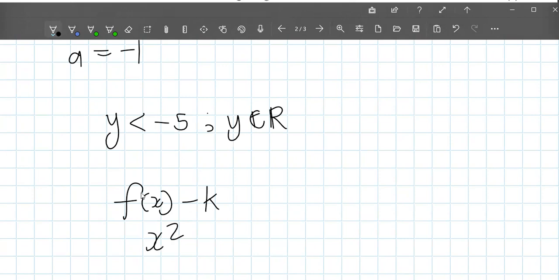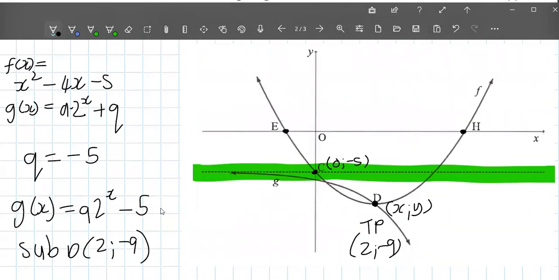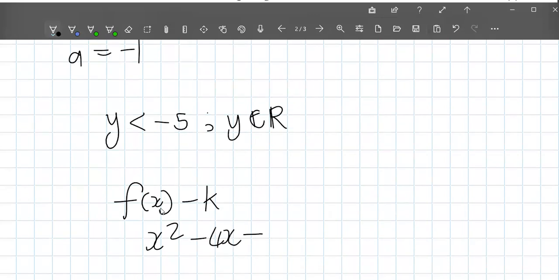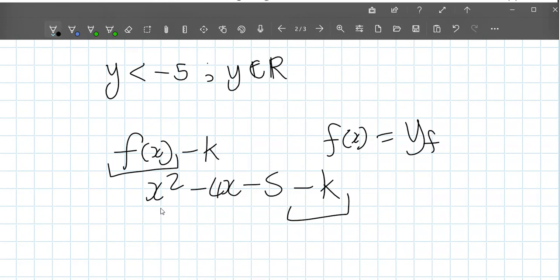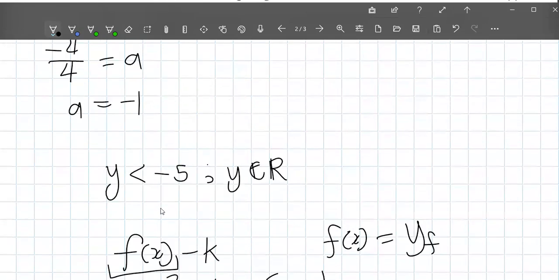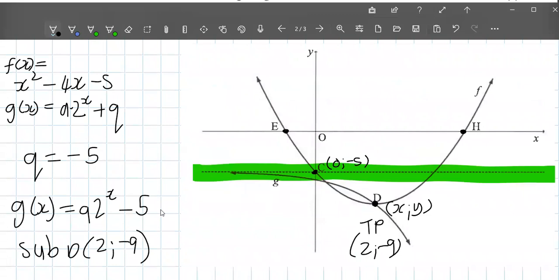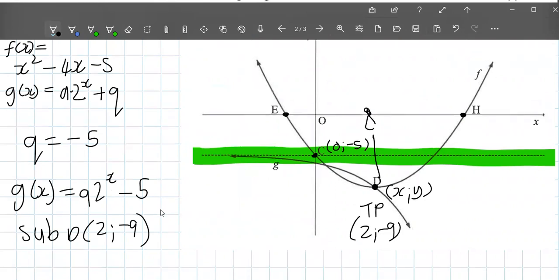F of x is x squared minus 4x minus 5, and we're subtracting k. So what value does this k need to be in order that the y values of f will always be positive? Well, I look at the turning point and I realize that this turning point has to go up to 0 for the y's to always be positive.